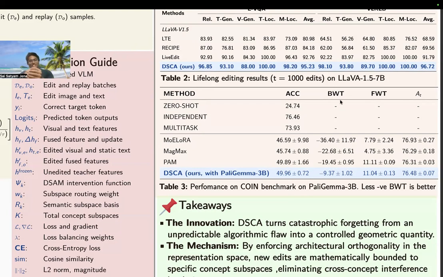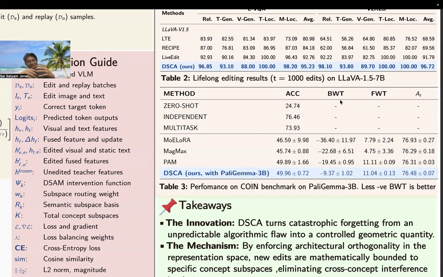Then BWT is backward transfer. Backward transfer means, let's say tasks A, B, C have already been trained, and now we train on task D. But now we are asking the model questions about task A, and about task B. So for all the previously learned tasks, we are asking the model questions, and it essentially measures how good the fine-tuning technique is at letting the model preserve its knowledge.